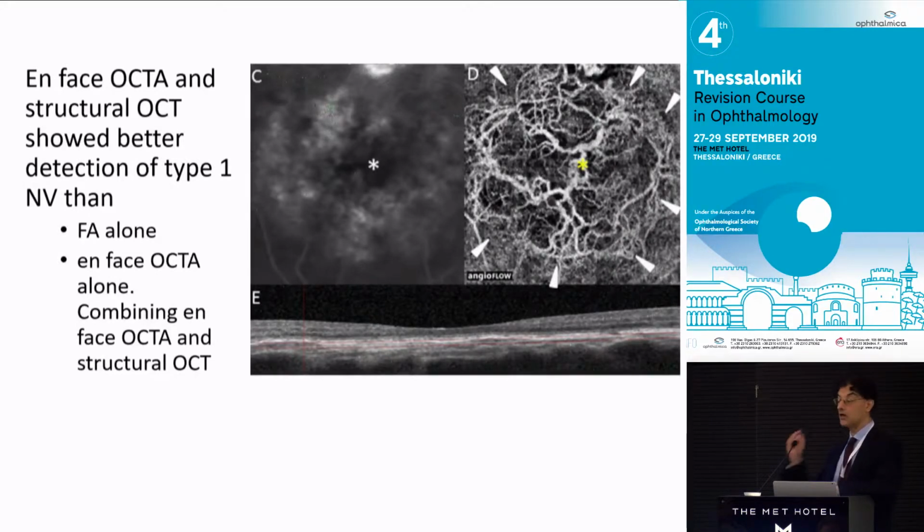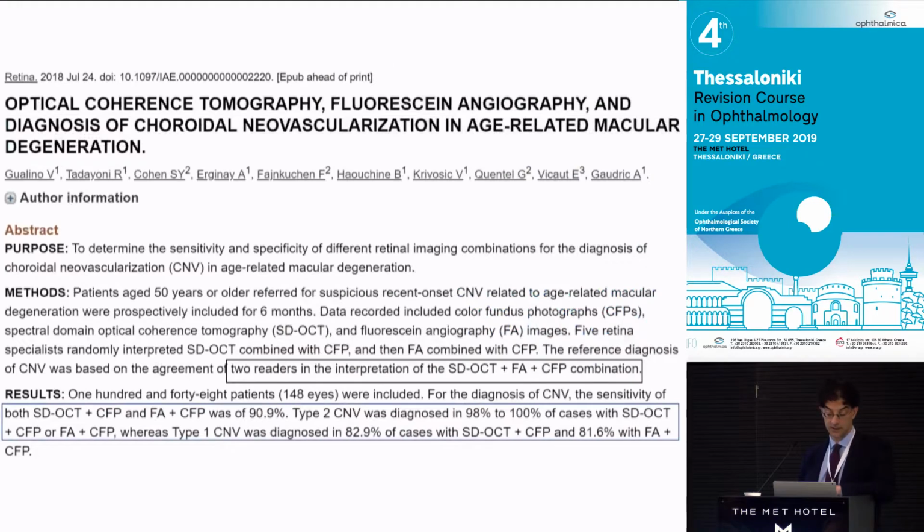And they found that OCTA and the structural OCT, which you'll get anyway on the angio-OCT machine, was as good at detecting type 1 CNV as fluorescein alone or OCTA alone. There are a few caveats. If you have an untreated type 1, they can have relatively low flow below the signal detection, and you may miss that.